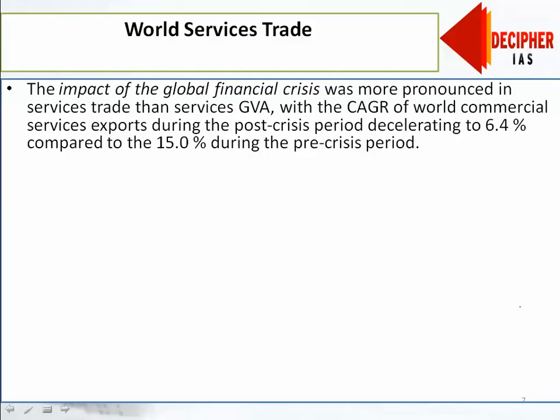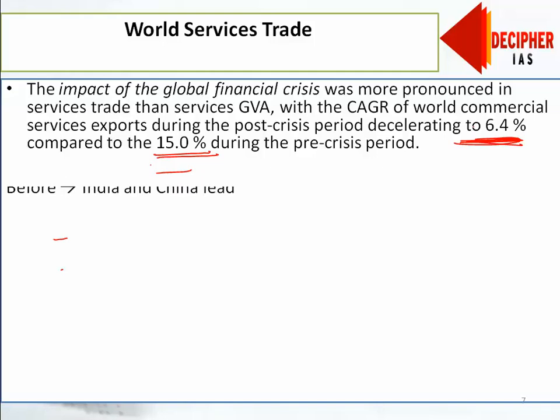What I mean by that is that previously there was services export growth of 15%, but now after the 2008 global financial crisis, it has decreased to 6.4%. So the global financial crisis has affected the services trade.